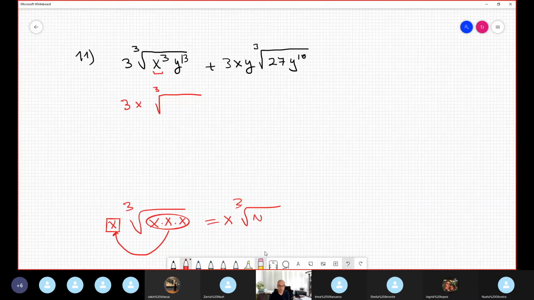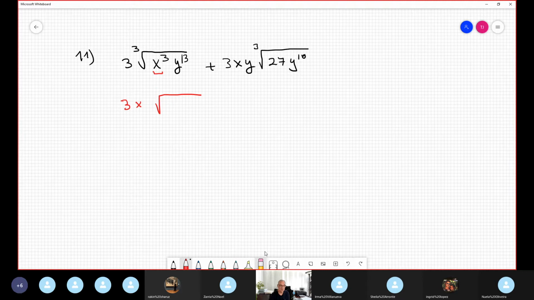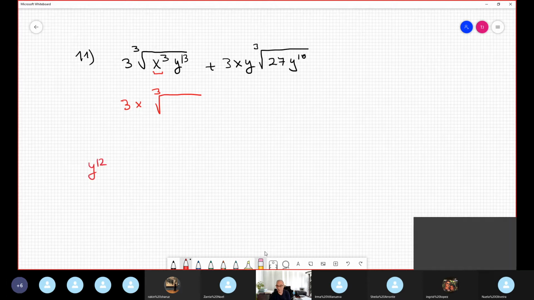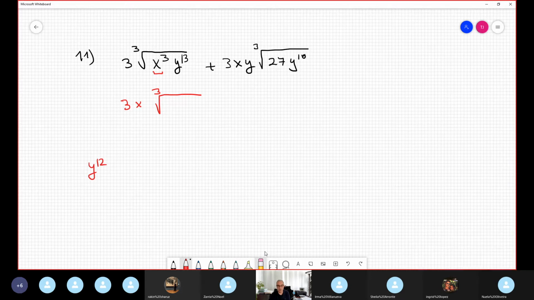Okay. The y part, the y to the 13th. So I try to find the multiple of 3 for the cubic root. The multiple of 3 close to 13 is 12. Inside stays 1 and 4 goes outside.